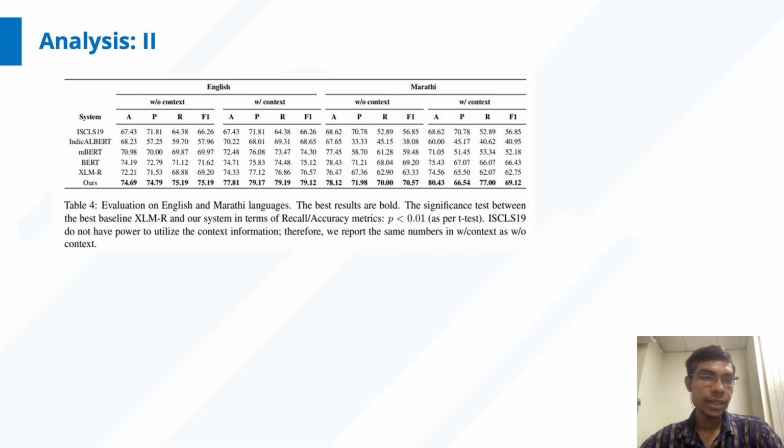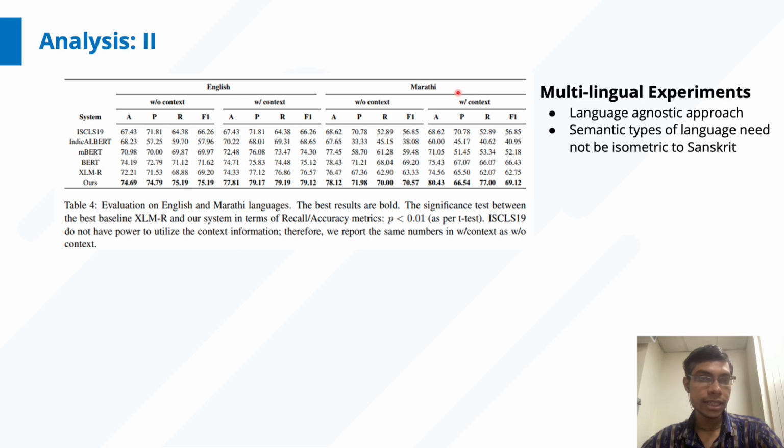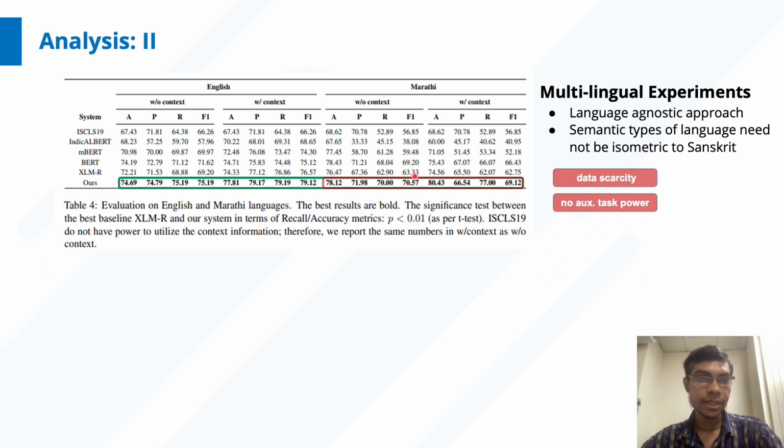In our multilingual experiment, we performed our analysis on the English and the Marathi datasets. In both datasets, our model outperformed the existing baselines. But interestingly, in Marathi, with context could not outperform the without context setting, and this is mainly due to data scarcity.